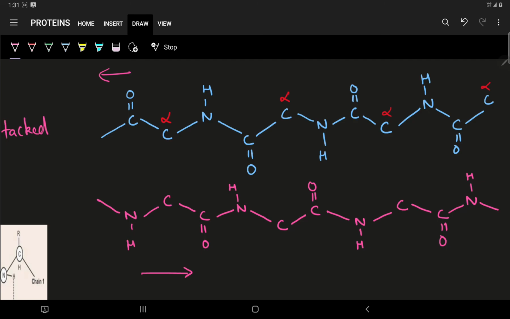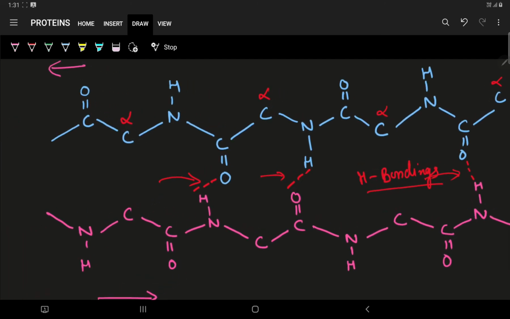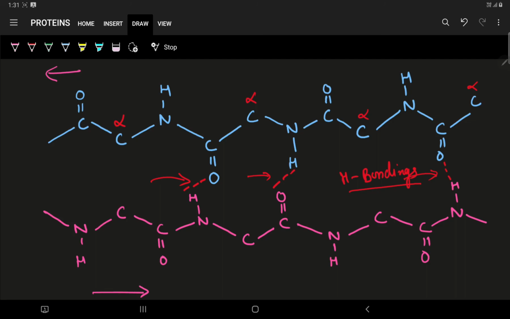Now, where these interactions occur, see this oxygen and this hydrogen, they will form the hydrogen bondings. So these red color lines represent the hydrogen bondings. By these, the beta pleated sheets are formed. These are the hydrogen bondings between them. So this is how the beta sheets are formed.